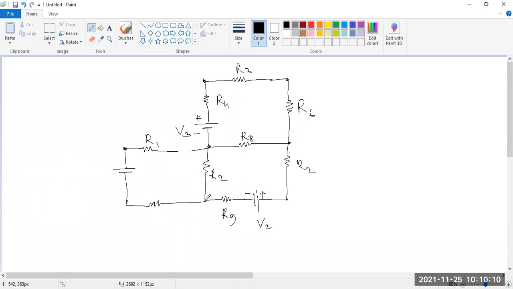Look, this is R3 and this is V1, plus minus.